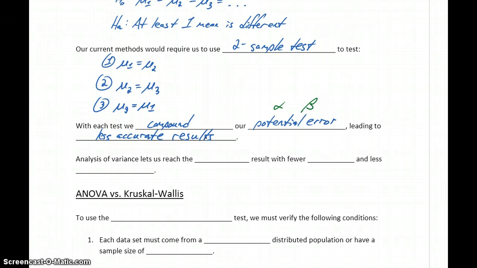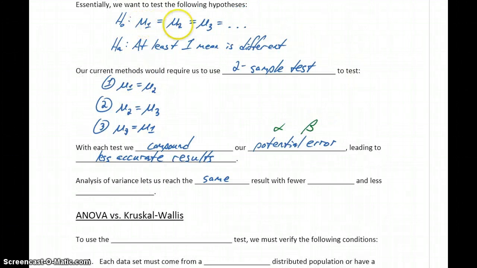So this analysis of variance approach is going to allow us to reach the same conclusion about the equality of these different means. But since we limit it to just a single hypothesis, or a single pair of hypotheses that we have to test, we're going to get to the same results with fewer tests and less error.